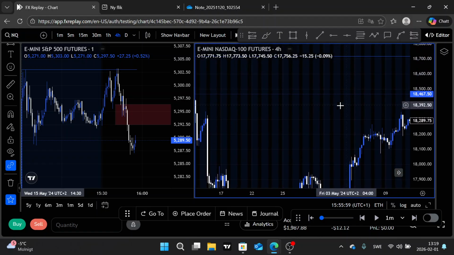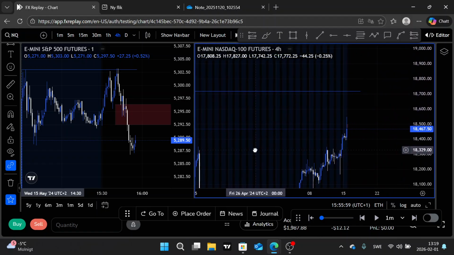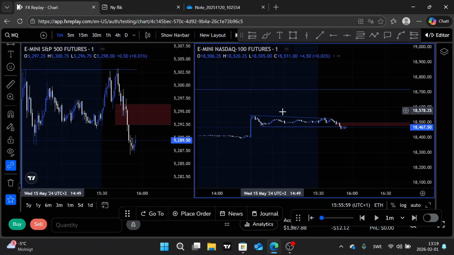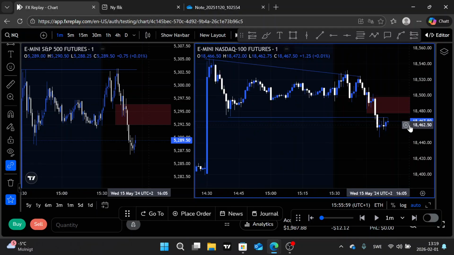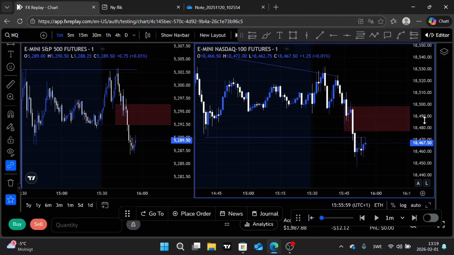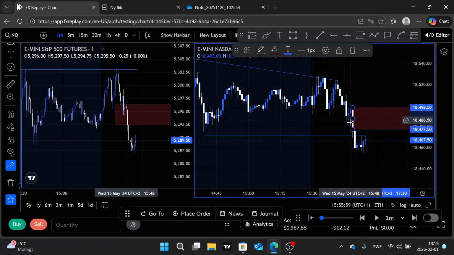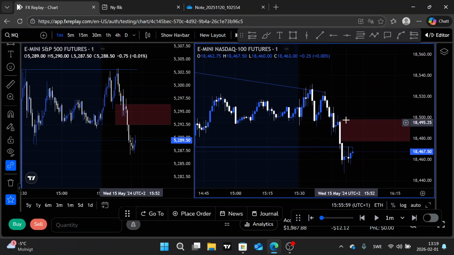What do I expect the market to do? To take this swing high. But as I said, this would be my confirmation, this would be my change in state here, if we want to go higher.